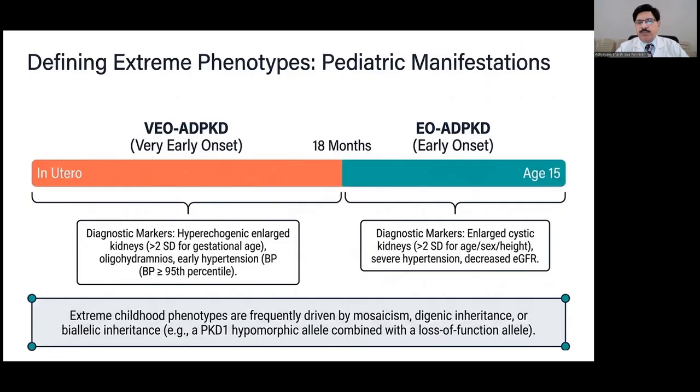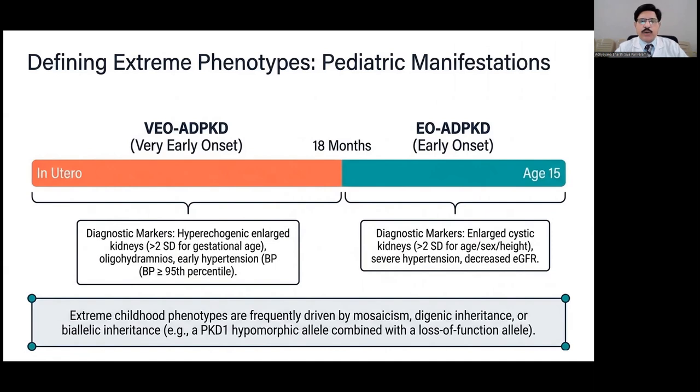So early hypertension, oligohydramnios, and kidney size more than 2 standard deviations compared to the gestational age. Diagnostic markers for EO-PKD: enlarged cystic kidneys, more than 2 SD for age, sex and height, severe hypertension, and decreased eGFR also will be seen.